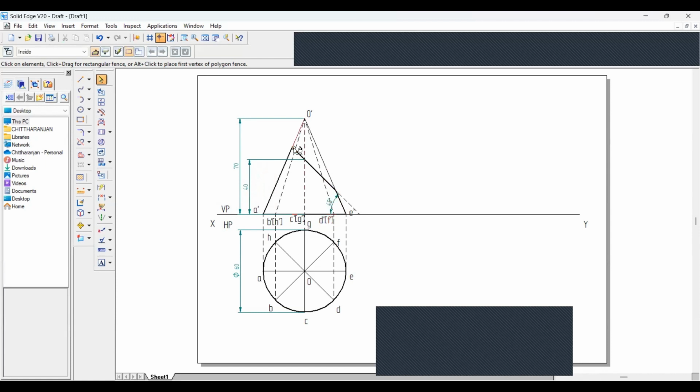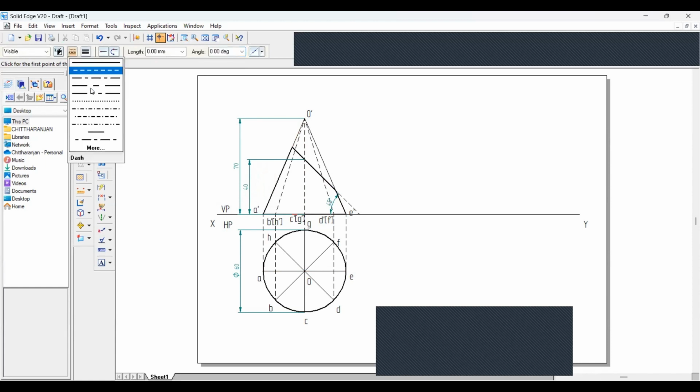Now we have to draw this line to this space. So plot the line with a non-continuous line with 0.25.